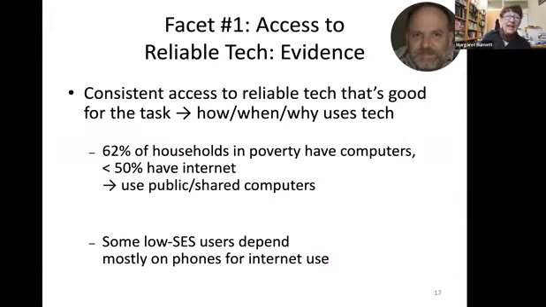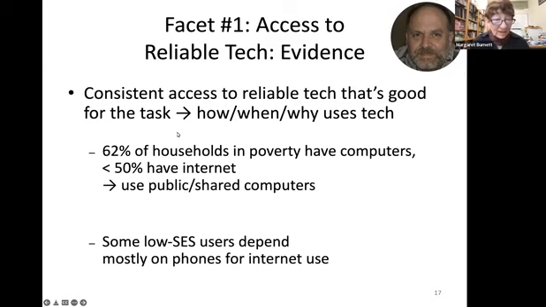So let's look at some of the evidence that the foundational literature says about that. Consistent access to reliable technology that's actually well suited to the task you're trying to do, that's going to affect how people use technology, when they use technology, and even why they would use technology.